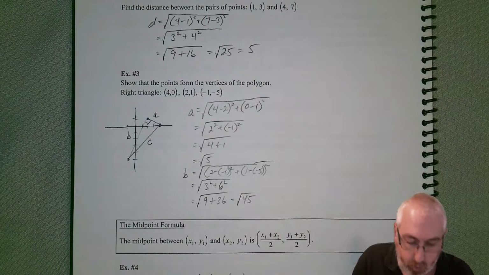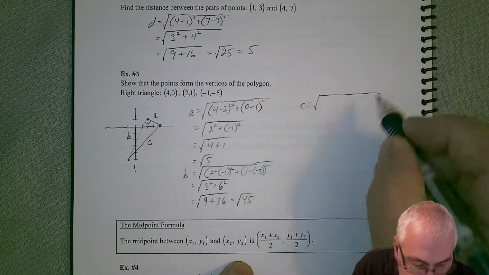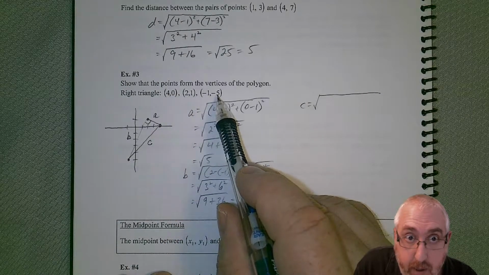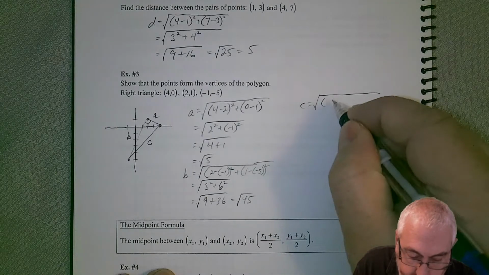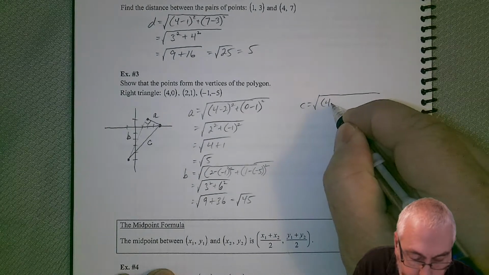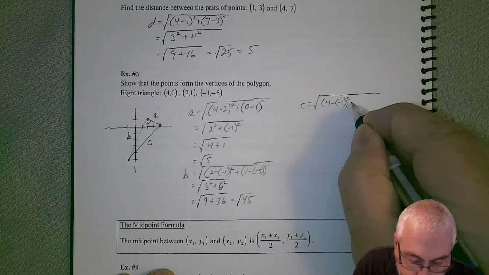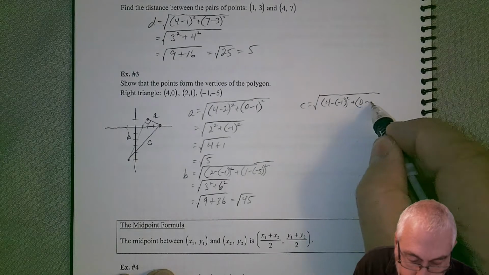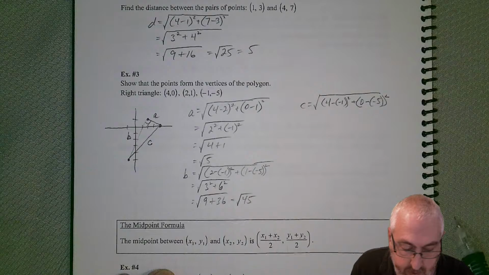Okay, one more. And so now we're going to be looking at the first point and the last point. So if we use both of those, so we're going to have a 4 minus a -1 and a 0 minus a -5.